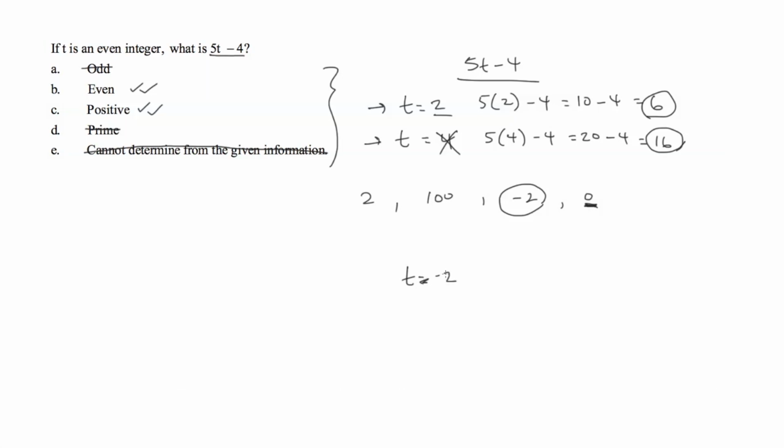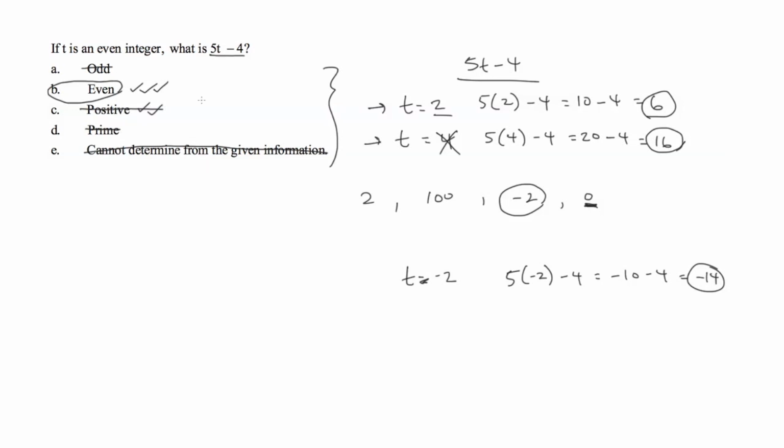So if t is equal to negative 2, 5 times negative 2 minus 4 is equal to negative 10 minus 4, which is equal to negative 14. So again, we still have an even integer, but now it's negative, it's no longer positive. So definitely choosing t equals negative 2 was the right way to go.